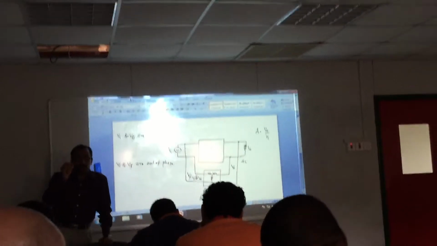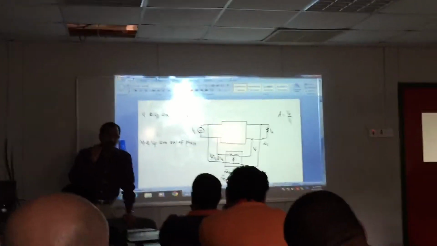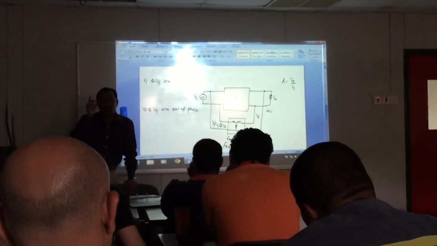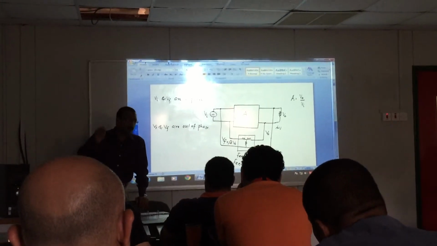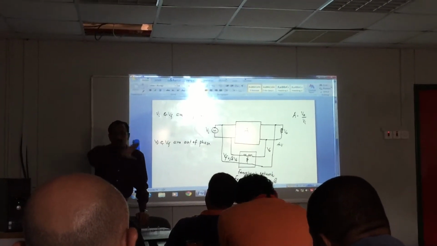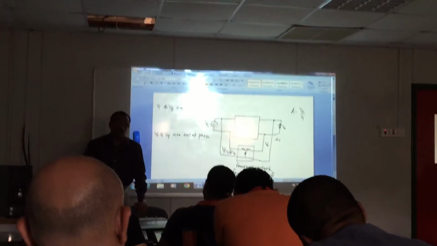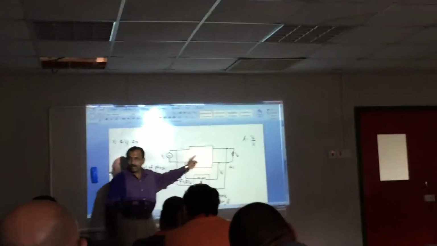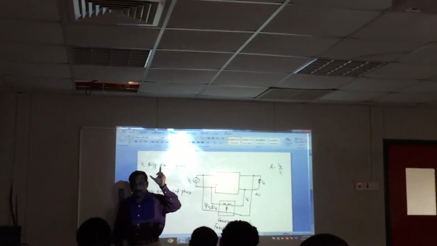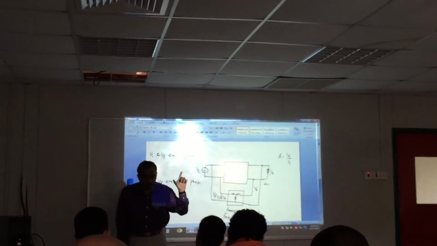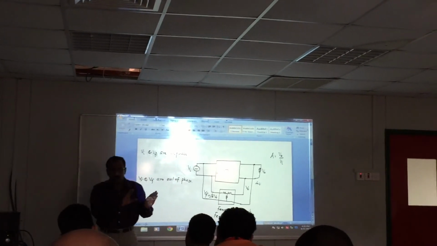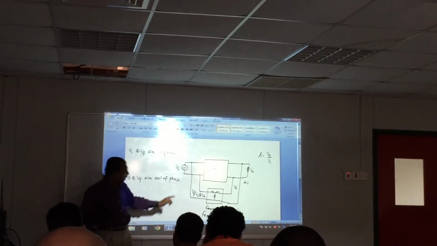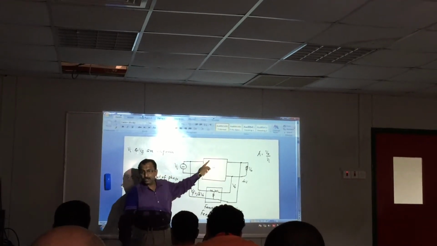Describe the two types of feedback, negative and positive feedback, with suitable block diagrams, and perform the closed loop gain calculations. So here there is a closed loop. You understand? In the first case, when I gave you the first amplifier, it is an open loop. But here it is a closed loop.